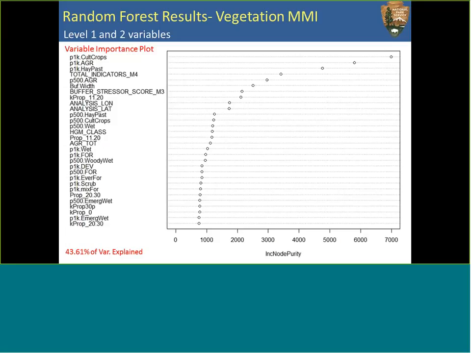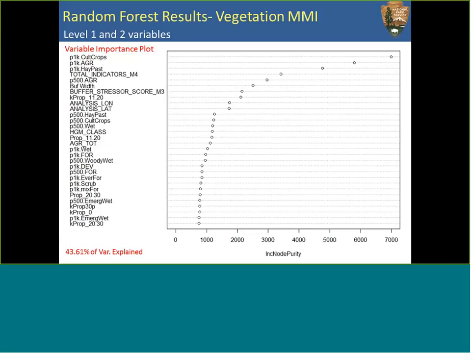In this variable importance plot, agriculture, cultivated crops, and hay pasture within a 1 kilometer radius of the assessment area were really important in predicting the vegetation MMI. Also interesting was that total indicators, which is metric 4 of the USA RAM and a measure of topographic complexity, was an important metric in this random forest analysis.